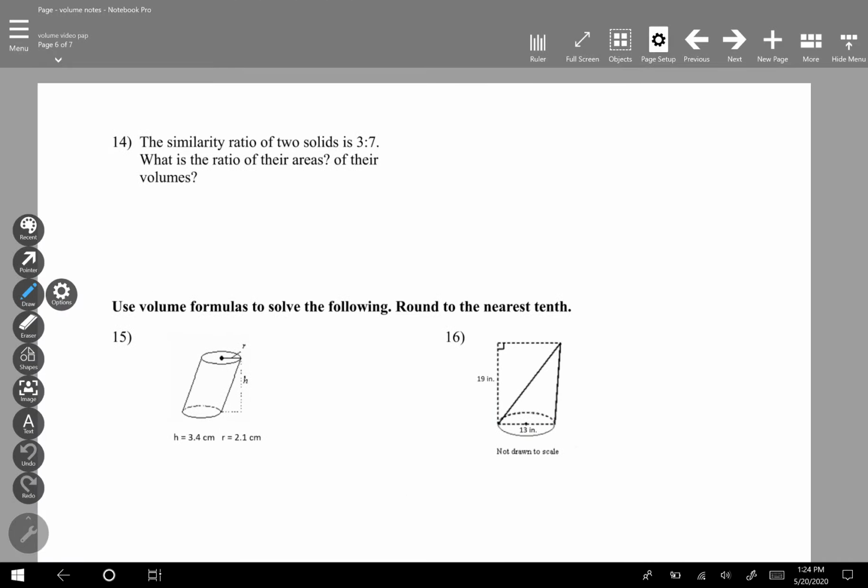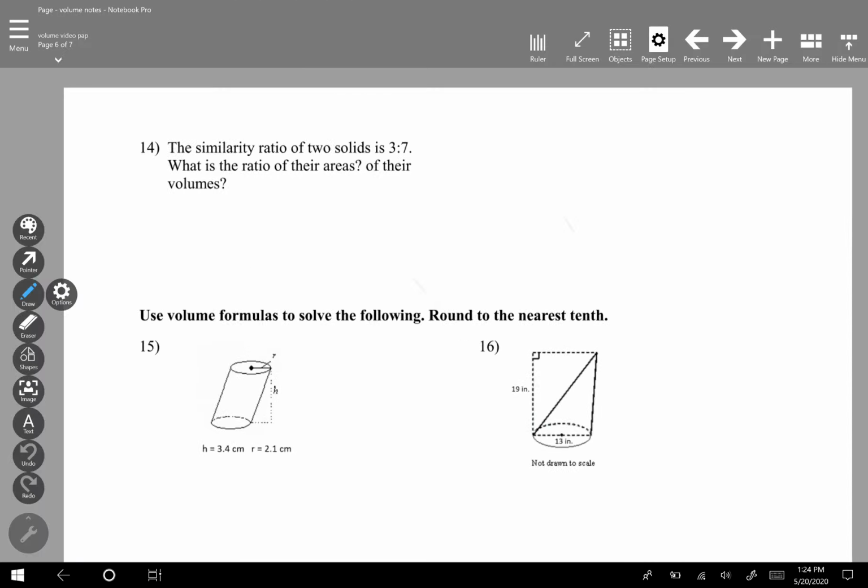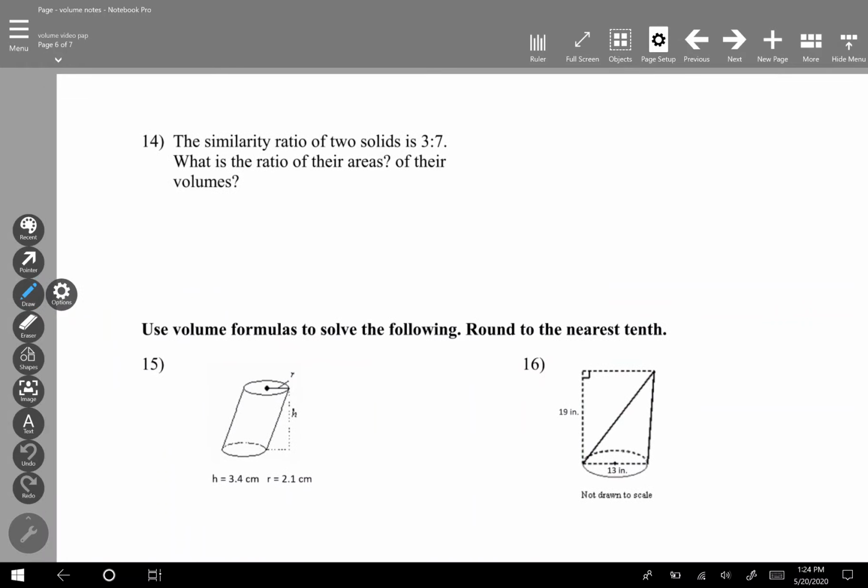Okay, and then our last one here, for dimensional change, it says the similarity ratio of two solids is 3 to 7. Okay, so automatically write that as a fraction. What is the ratio of their areas, of their volumes? Okay, so for area, you would just do the original and you would square it.